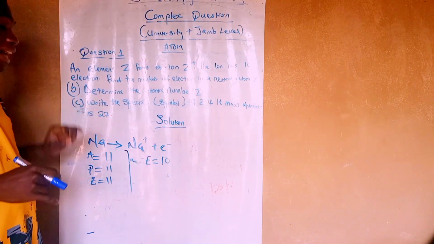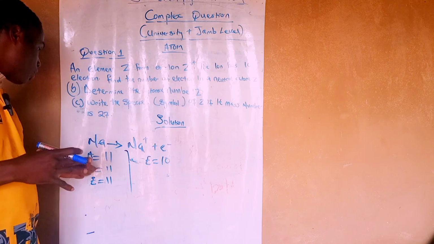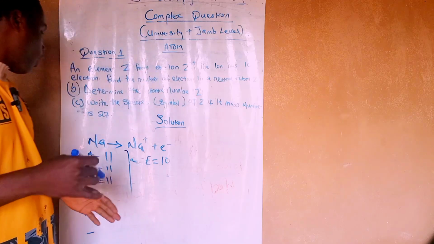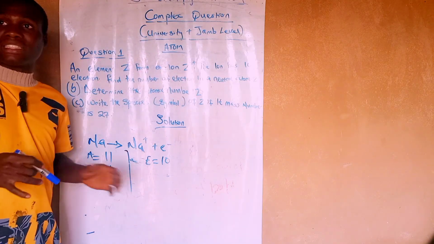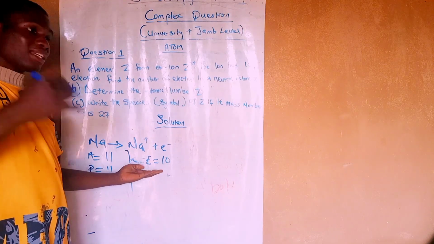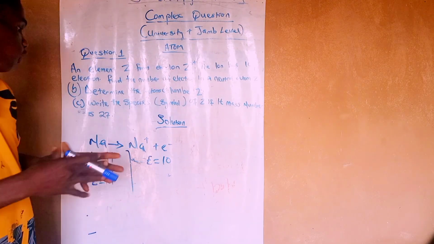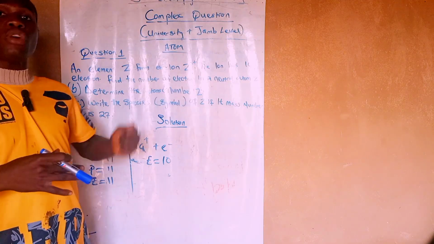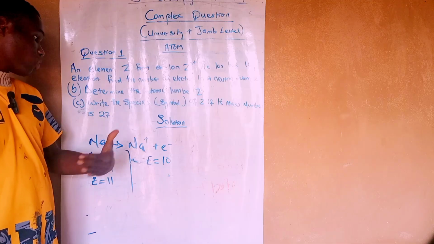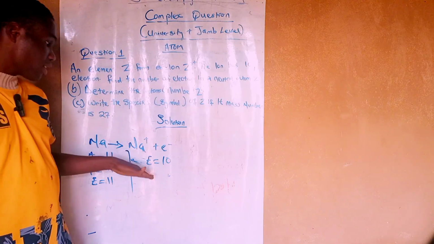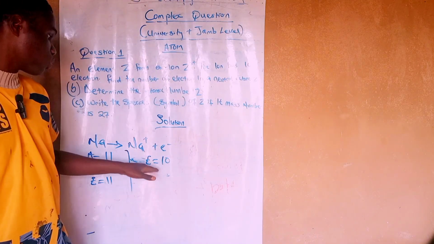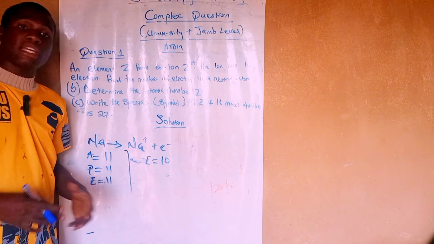But in a neutral atom, sodium's number of protons is always equal to the number of electrons. In this case, sodium has lost one electron to become an ion.